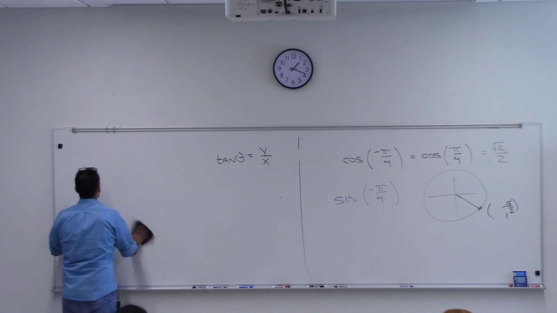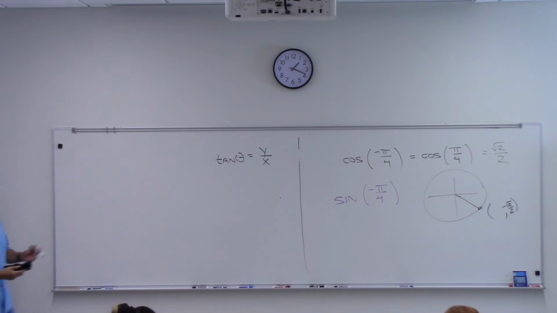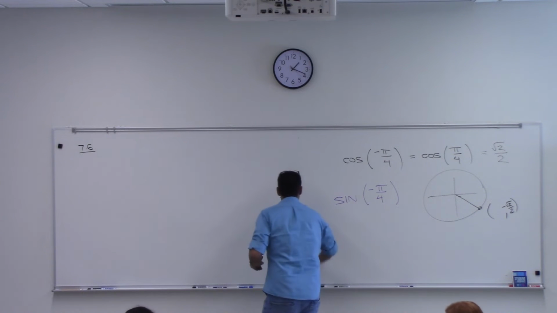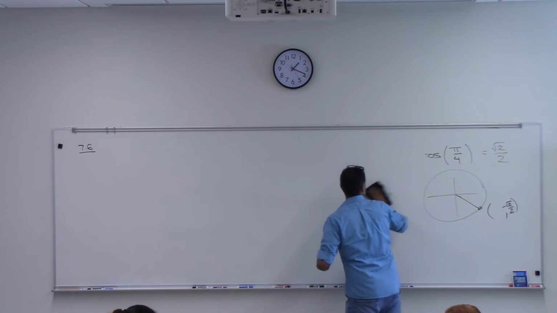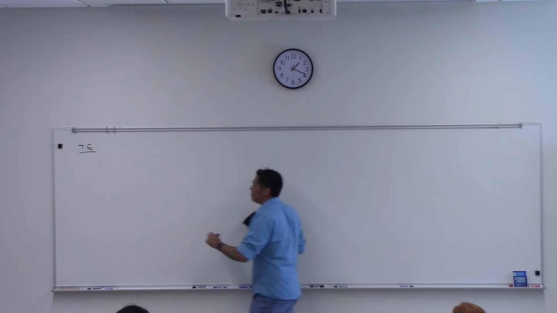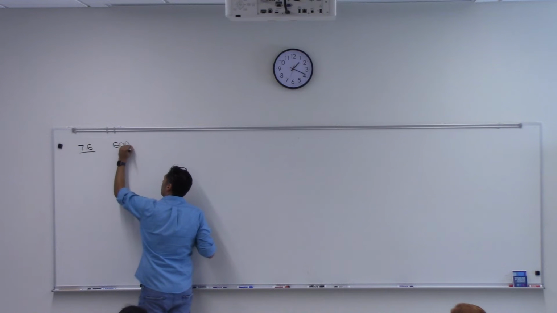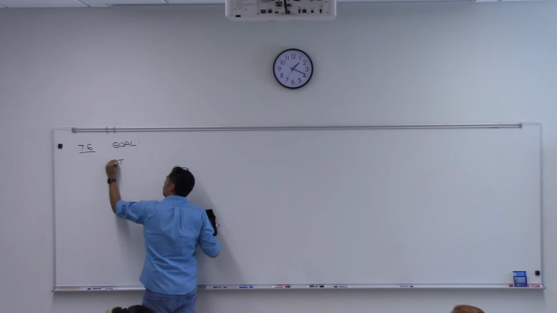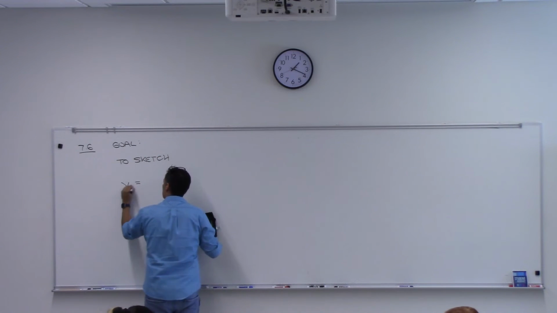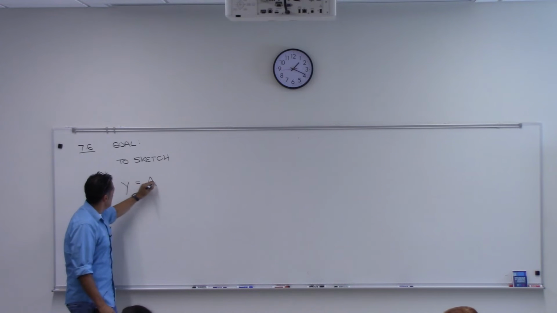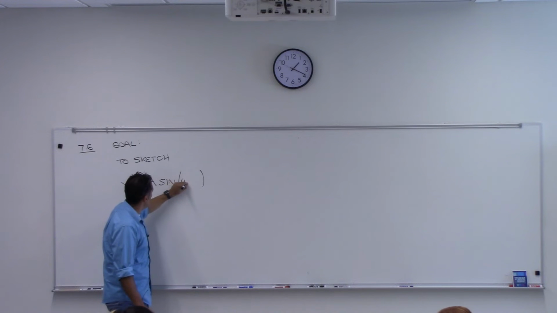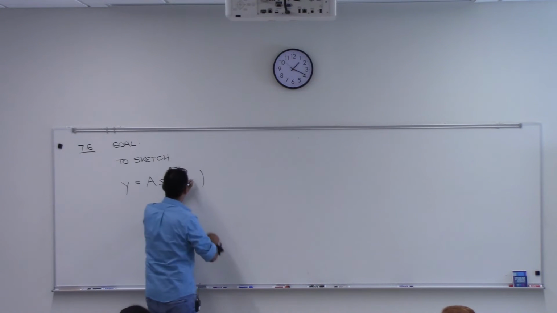All right, so now we're going to move into the next section, 7.6, which we started last time. Let me tell you what the ultimate goal is for this section. The goal of this section is to sketch y equals some number in front of sine, and inside sine some number omega times x.